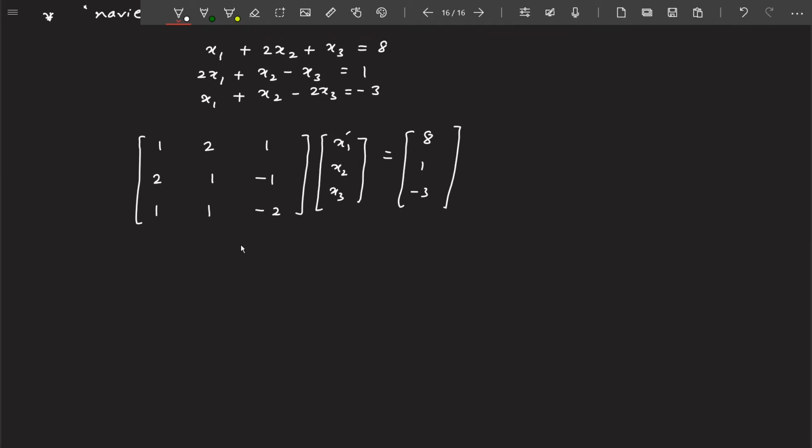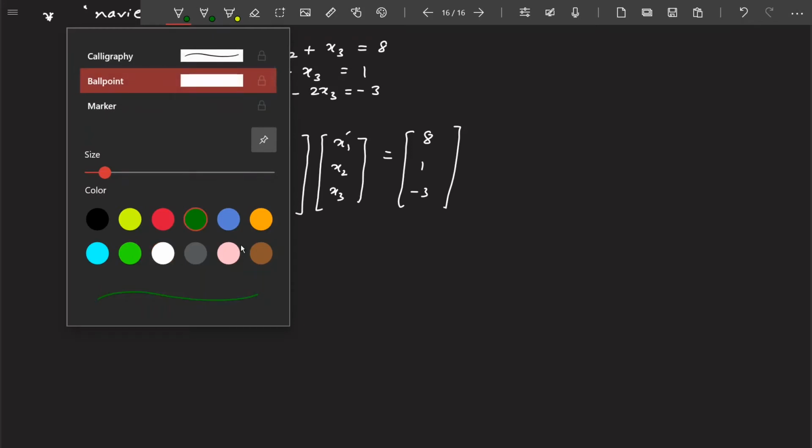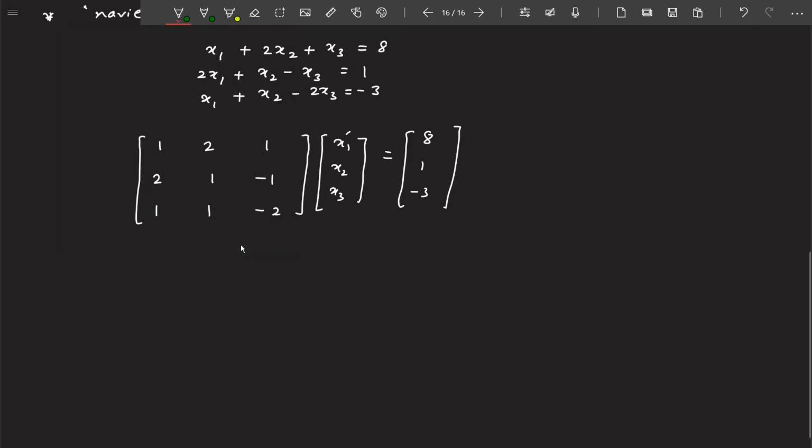We have to find the solution of these three equations, so we are going to follow Gauss elimination, and Gauss elimination is very simple. The idea behind Gauss elimination is to eliminate. In a more systematic manner, I will make this element and this element 0, and I'll make this an upper triangular matrix.